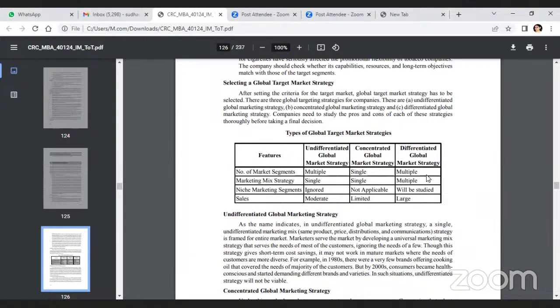If you take Britannia, they entered into different segments: kids, all ages, diabetic patients, women. Separately, they are providing their products with different brands. So they are covering almost all segments of all age groups and genders, and so their sales will be large. That's the way they laid their strategies.